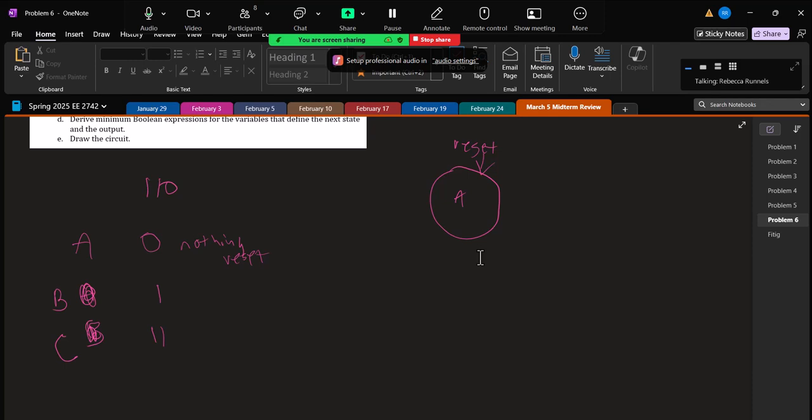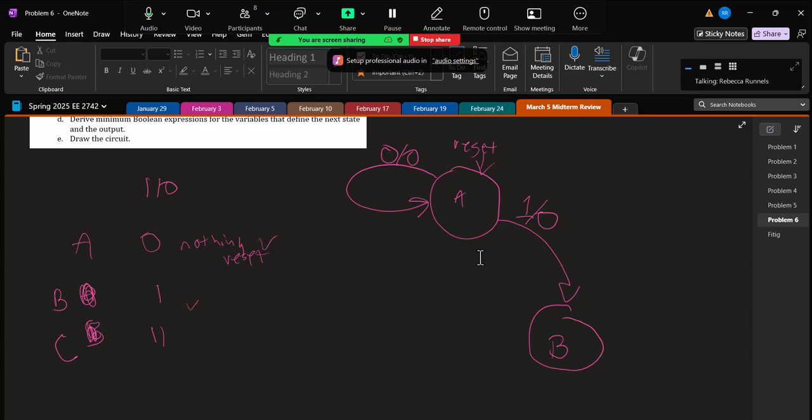We have not made any progress towards getting a 1, 1, 0. If we get from here a 1, we're making progress, so we must be going to a new state. But we don't have our whole 1, 1, 0 yet, so our output is 0. If instead of getting a 1 we get a 0, then we are not making any progress, we're just staying where we are. So we've taken care of state A now.